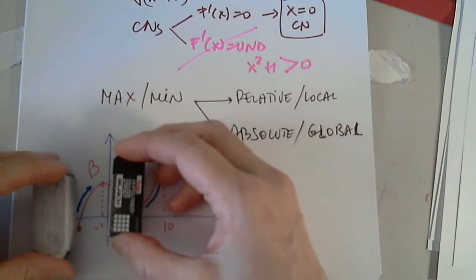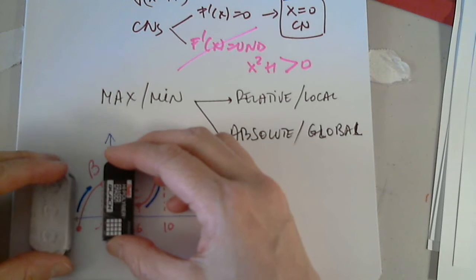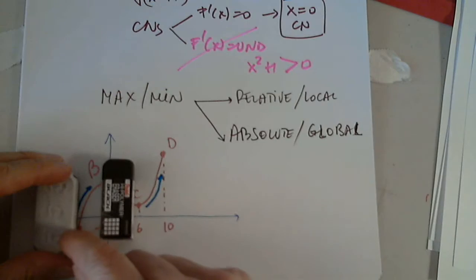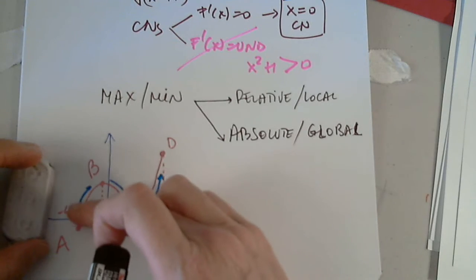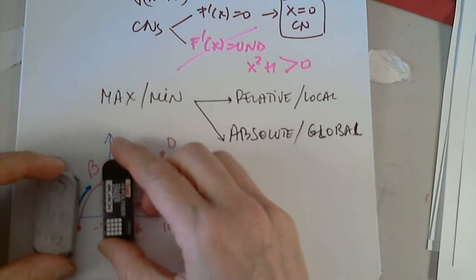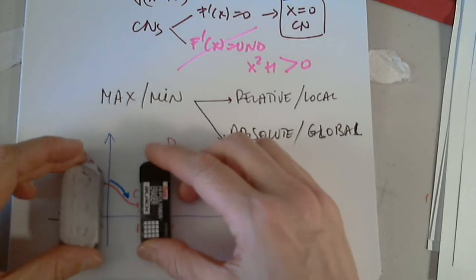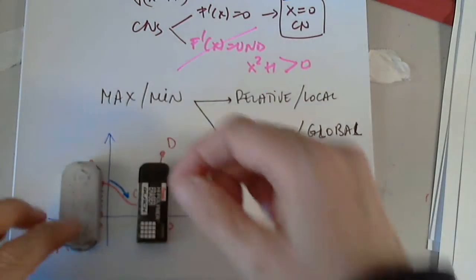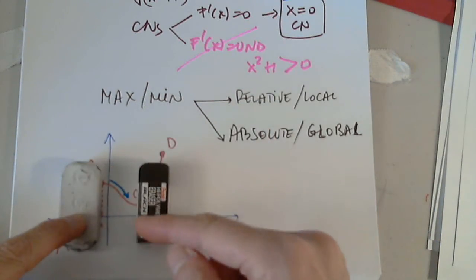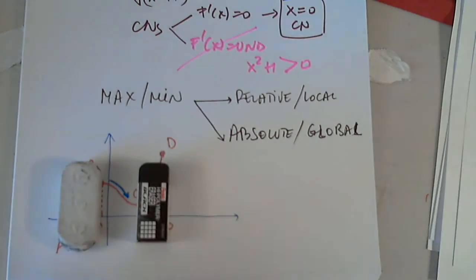Between x equals -4 and x equals -1, the function is increasing. Between x equals -1 and x equals 6, very clearly, the function is decreasing. I don't care from which value to which value. I'm just saying for this period of time, the function is decreasing.